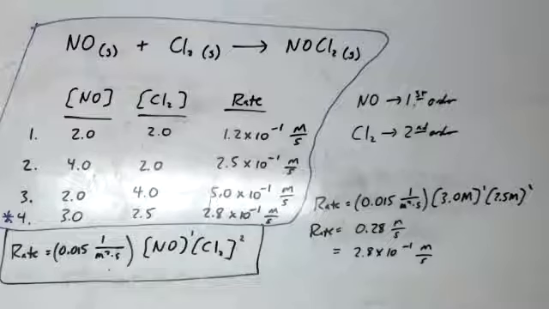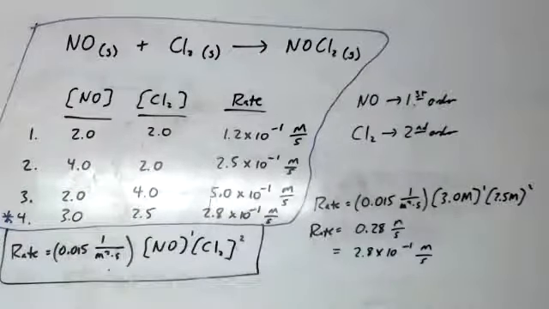That is called interpolation. If I try to do concentrations outside that range, like maybe a concentration of NO that was 6.0 and Cl2 that was 7.0, that would be extrapolation. That would be a lot less accurate. So generally speaking, we want to stick within the concentrations specified.